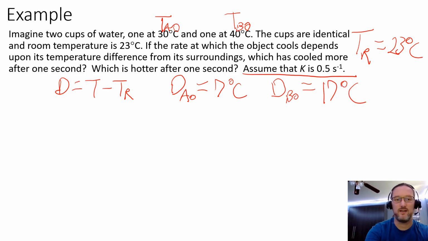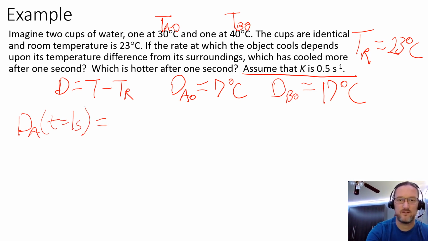Now I can apply this to find, after 1 second, d A of t equals 1 second. That's going to be d A naught, the initial temperature difference, times e to the minus k, which I know is 0.5, times t, which I know is 1 second.